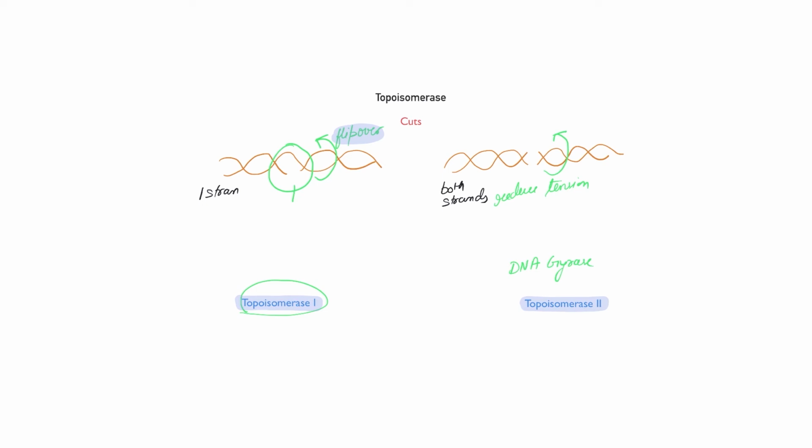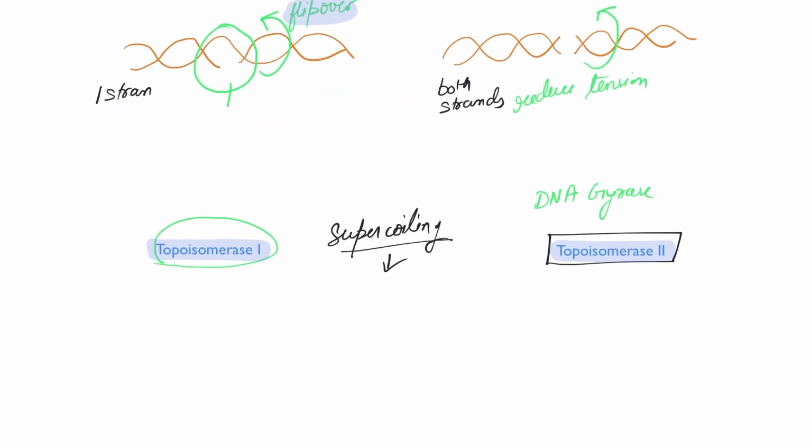Now you can imagine how important topoisomerases are, because without this, the supercoiling would become a big issue, and if the supercoiling keeps on continuing, then the DNA replication can come to a stop. So DNA replication will come to a stop if the supercoiling is not removed.